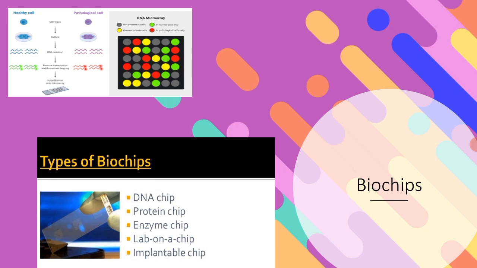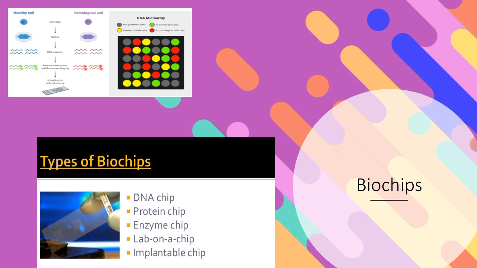In that, the black or gray color circles indicate the cells which are not present. Green color is present in the normal cells. Yellow color is present in both the cells, healthy cells and the pathological cell, and the red color is present in the pathological cell only.